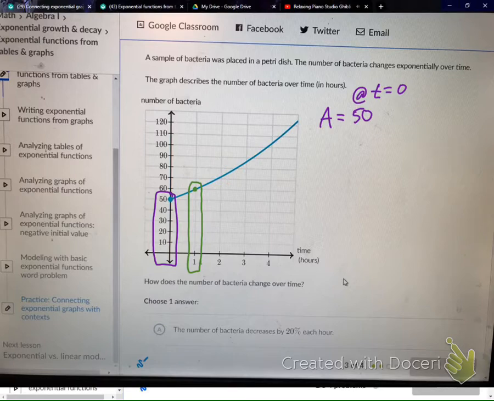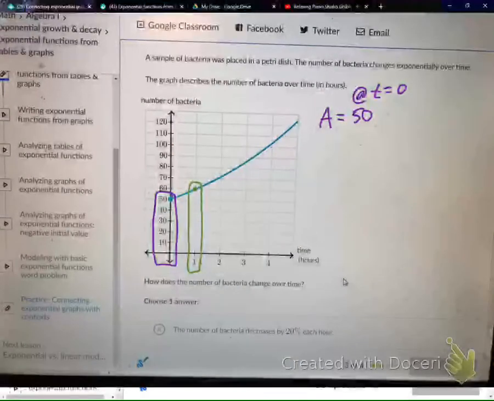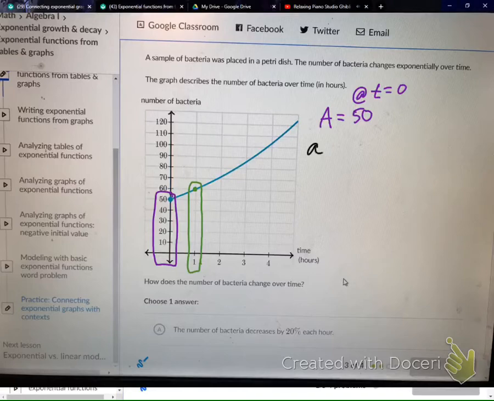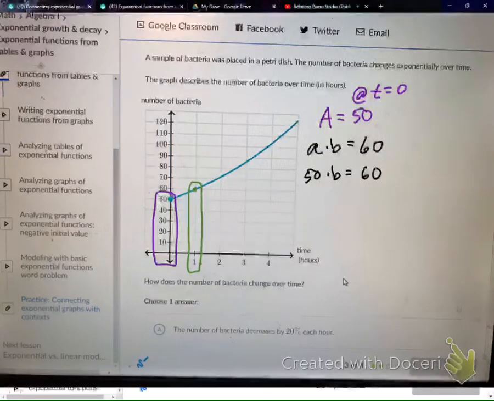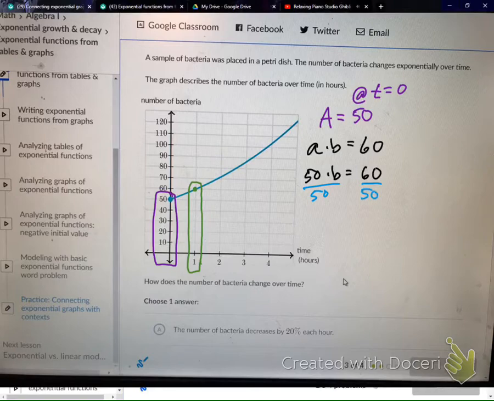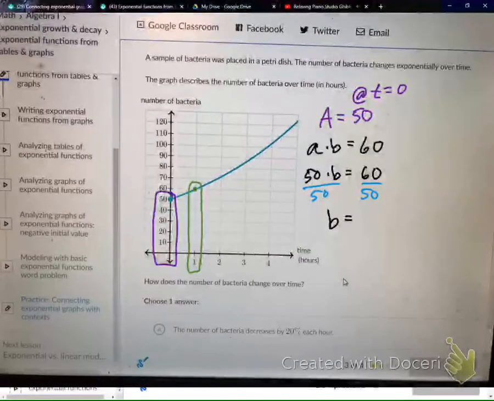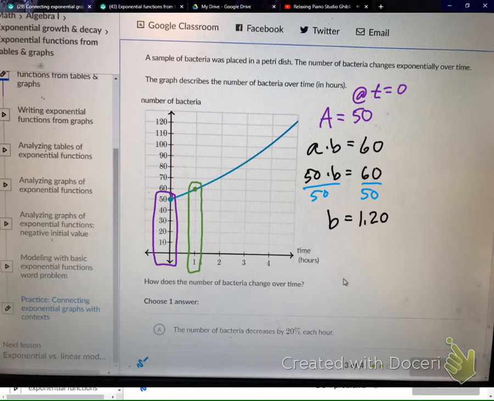So if I were solving this like my writing equation kind of thing, then I would say that a times b is 60. So I know that 50 times b is 60, and I'll be dividing by 50. What I get when I divide that out is b equals 1.20.